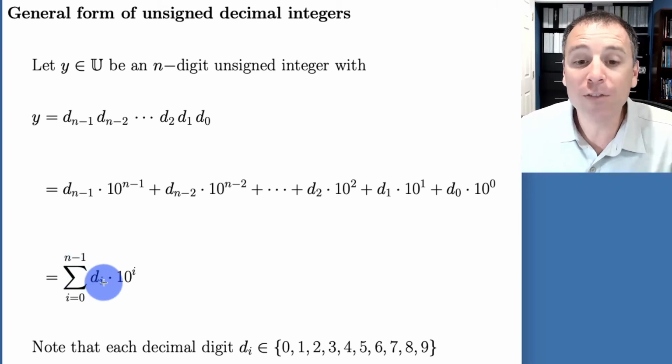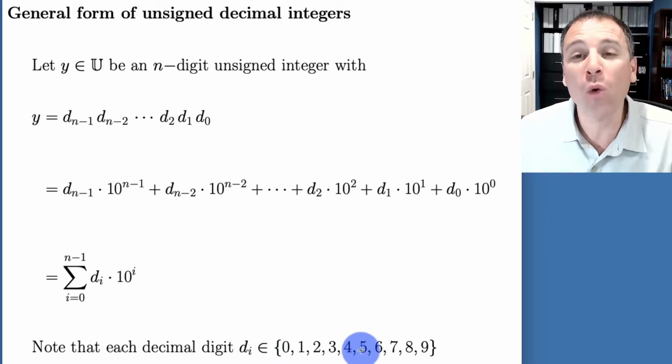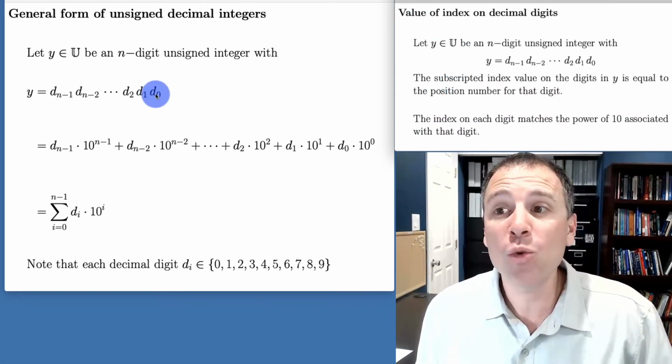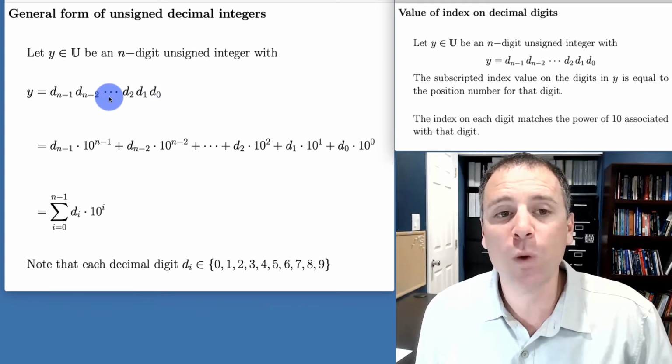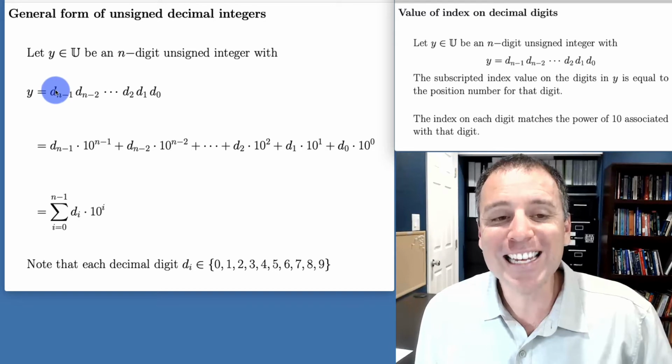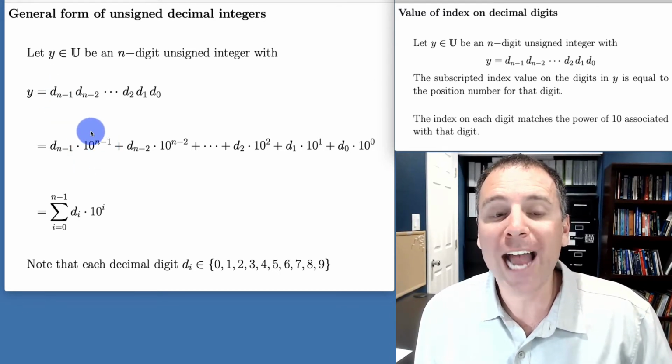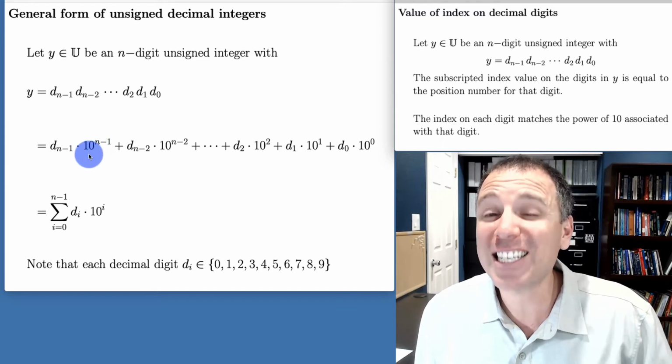Notice each one of those digits has to be chosen from our set of decimal digits, 0 all the way up through 9. The last thing that we'll formalize is that when we say the value of the index on our decimal digits, what we mean in this general representation, when we look at d sub k, remember, D represents the idea that we're capturing information with respect to the decimal system.